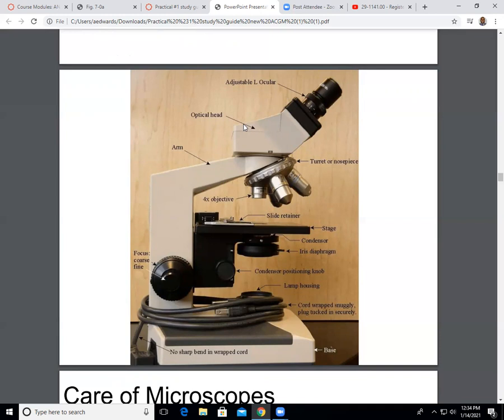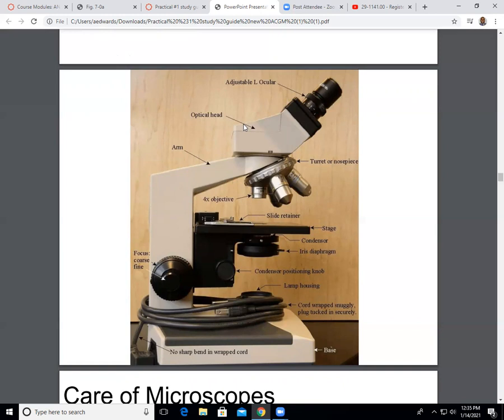All right, so again, here's your ocular, eyepiece, your head or body tube, your arm, your objectives, nose piece, your stage clips, here's your condenser, the diaphragm.